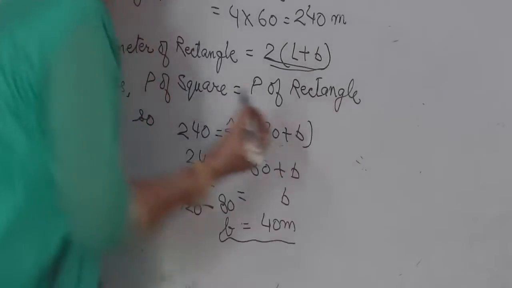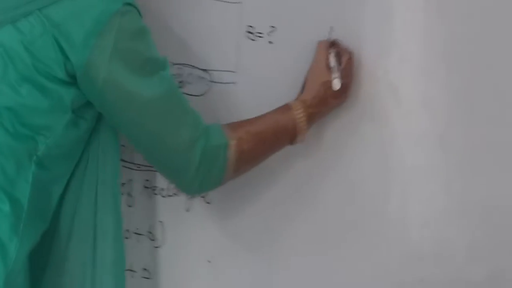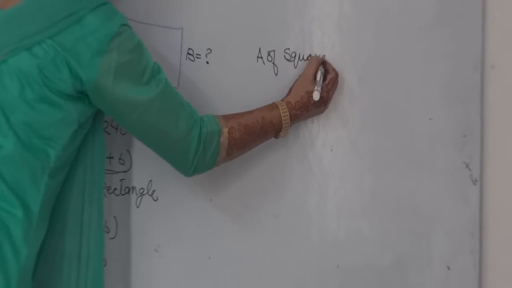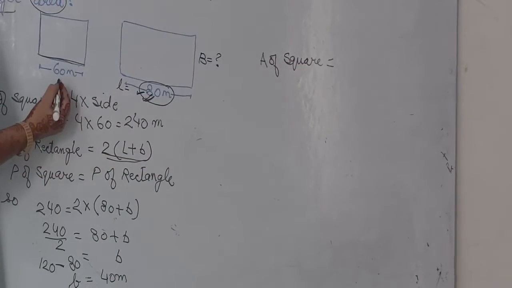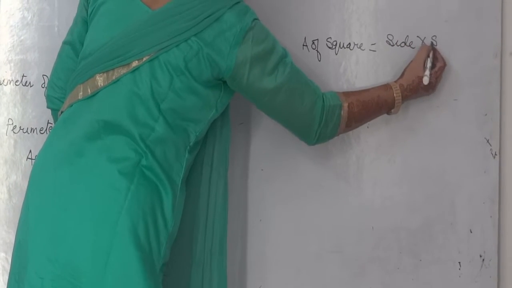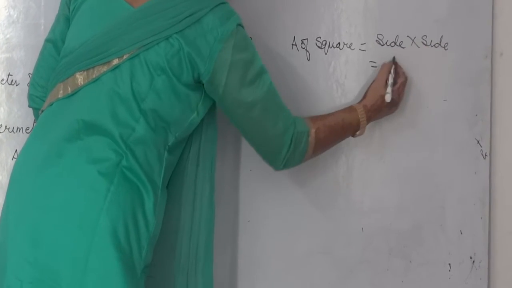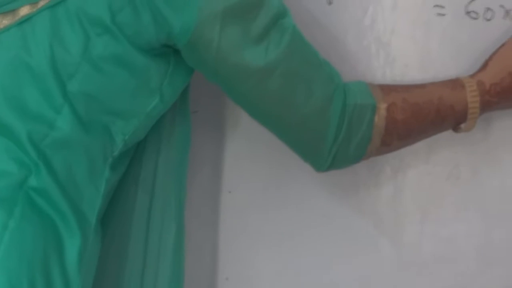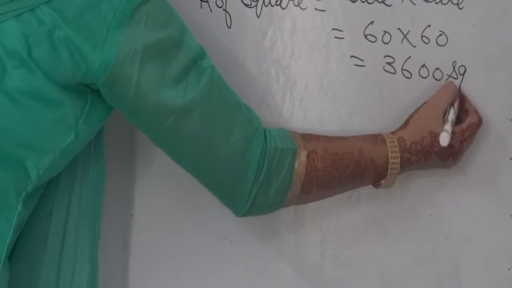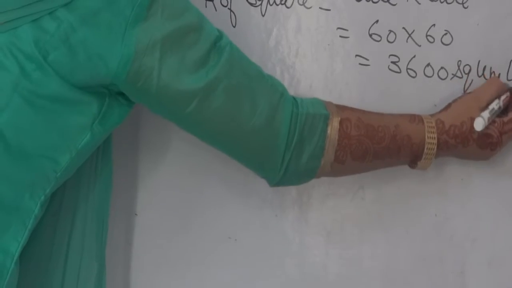So we proceed further by finding area of square is equal to side multiply side, that is 60 multiply 60. So this is 60 multiply 60. We write 3600 square units.